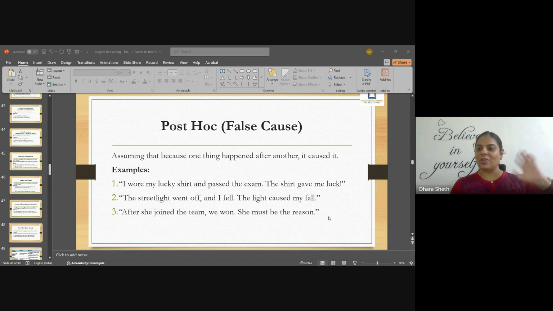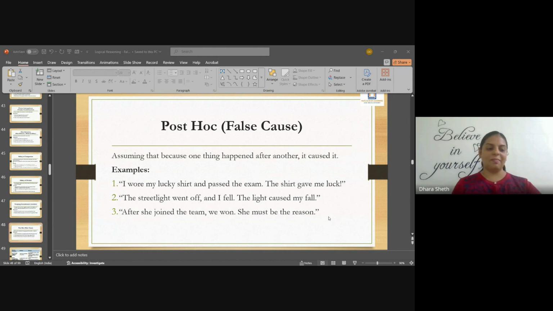So because the crow sat, the branch fell down. This is false cause. Because the crow was cawing outside my house, guests have come to my home. This is again false cause. Because I ate pani puri today, I failed in exam. So moving forward, whenever there is exam, I will not eat pani puri.